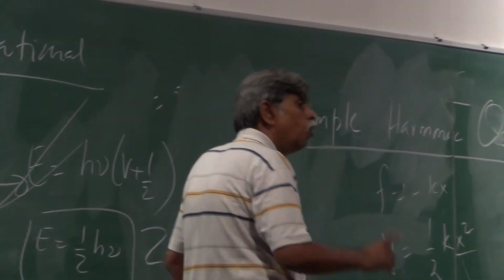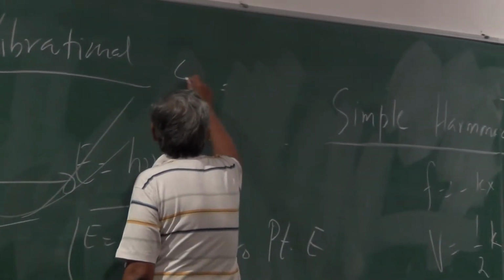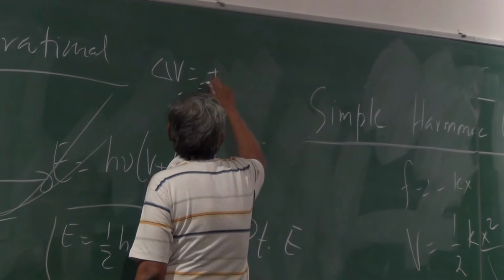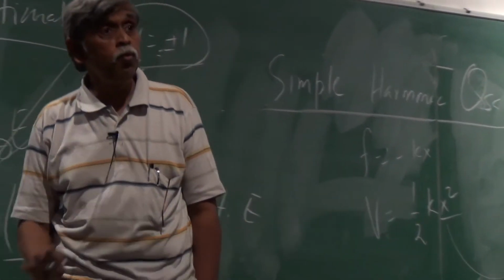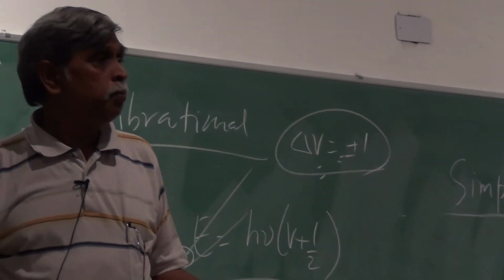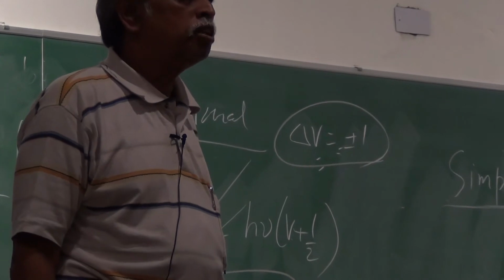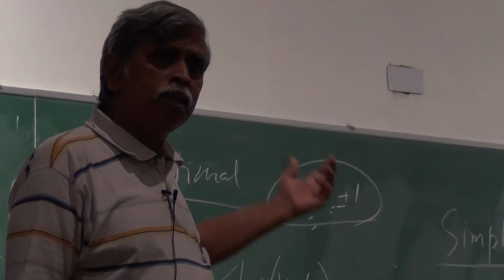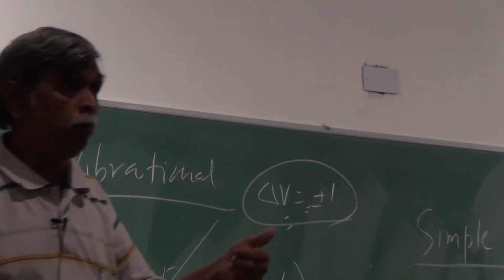And it turns out, for a simple harmonic oscillator, delta V has to be plus minus 1. This can be proved if you take the wave functions, the harmonic polynomials of these different levels, and solve the transition probability integral, you can actually show that the delta V equal to plus minus 1 selection rule will have to be obeyed.